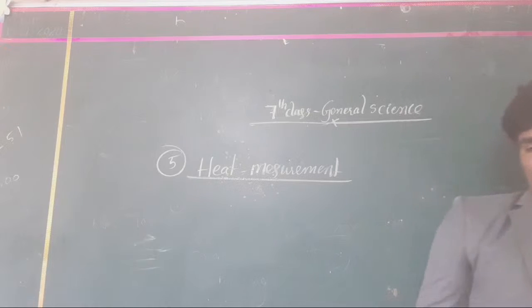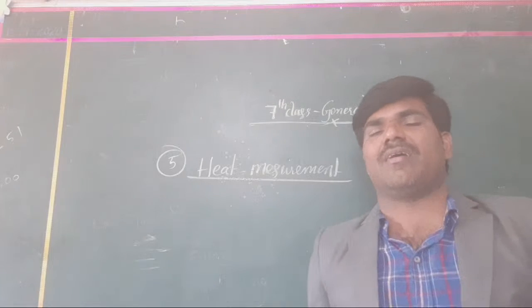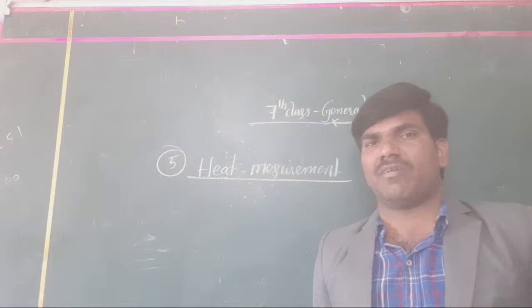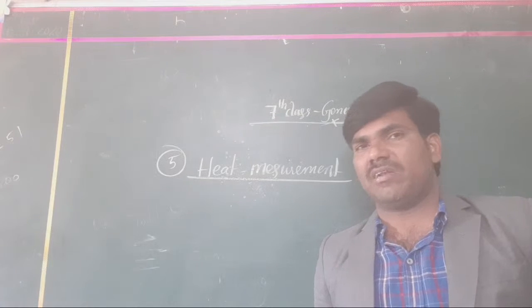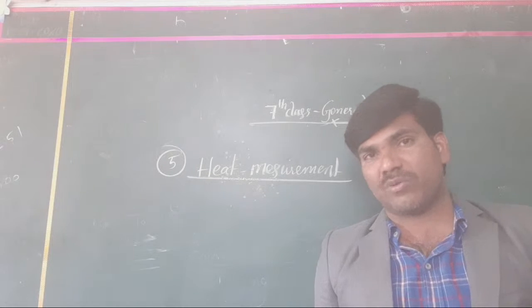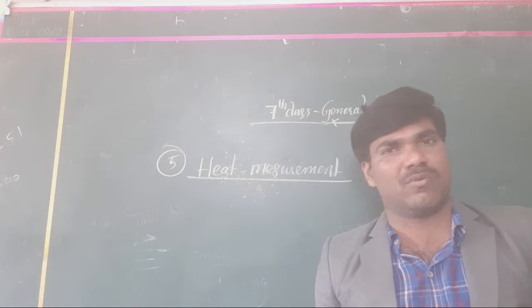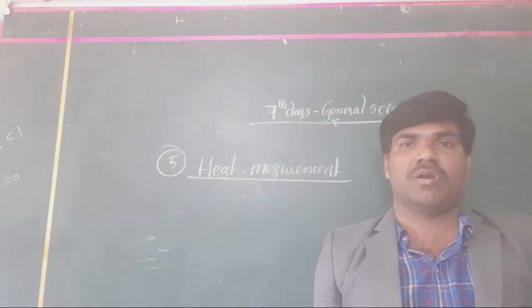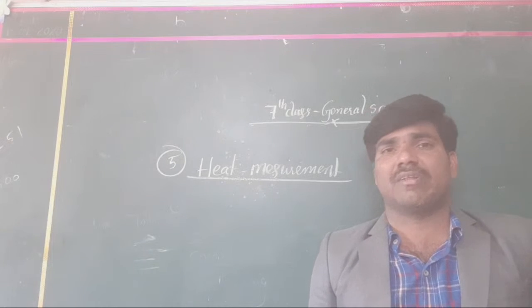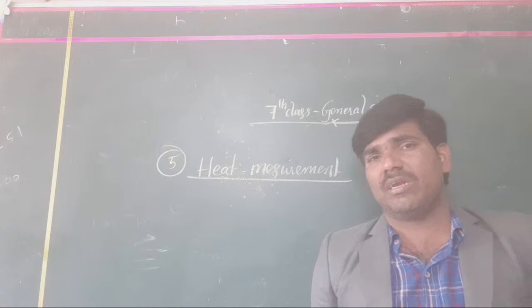In a digital thermometer, there is a gas, and based on its expansion there is a digital signal. The digital circuit is connected to the nitrogen gas, and automatically the temperature is measured. That is the digital thermometer.